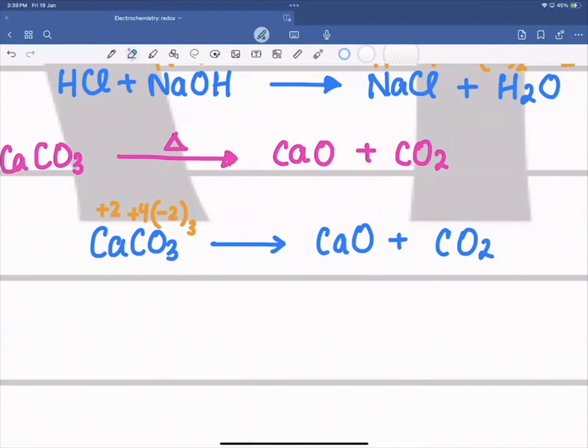How? See here, it's -2. So the calcium would be +2, right? Here it would be -2, but how many oxygen atoms? 2. It would be -4. So it means carbon will be +4, right? Yes. So how is carbon's oxidation number changing?